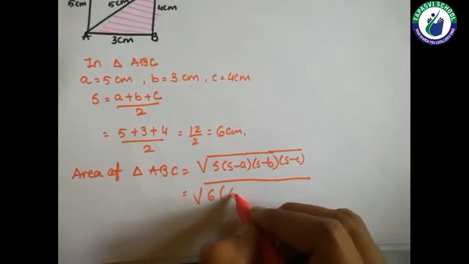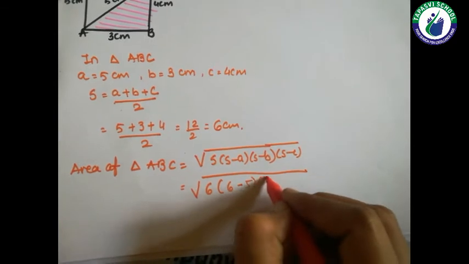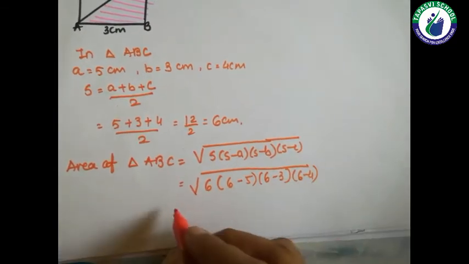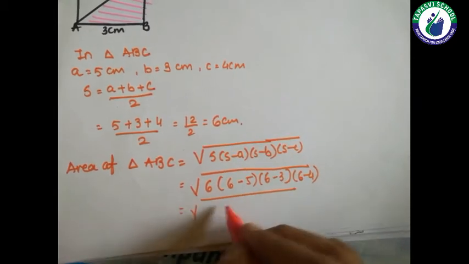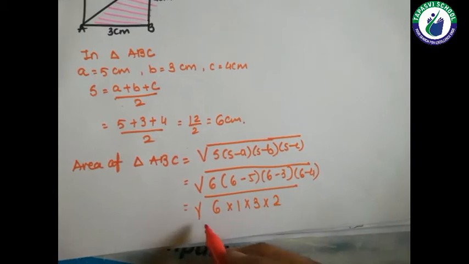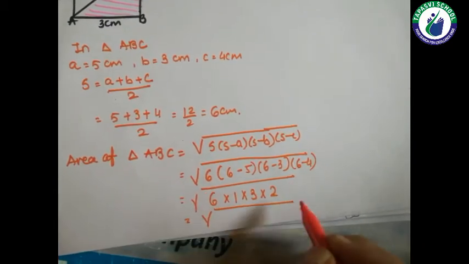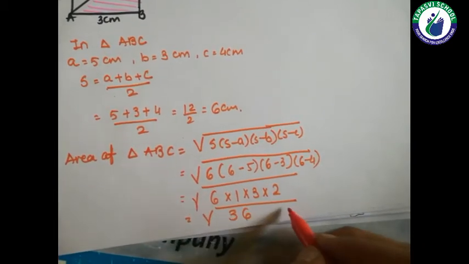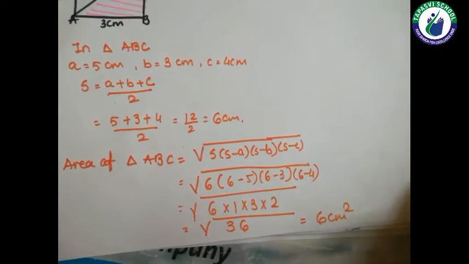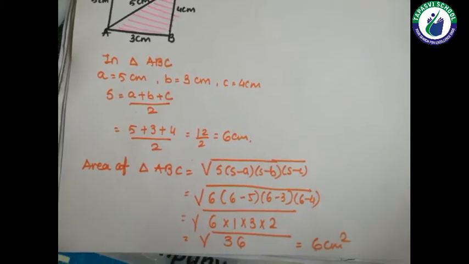Here 6 minus 5, 6 minus 3 and 6 minus 4. So here 6, 1, 3, 2. Its multiplication is 36. So its square root will be 6 centimeter square.